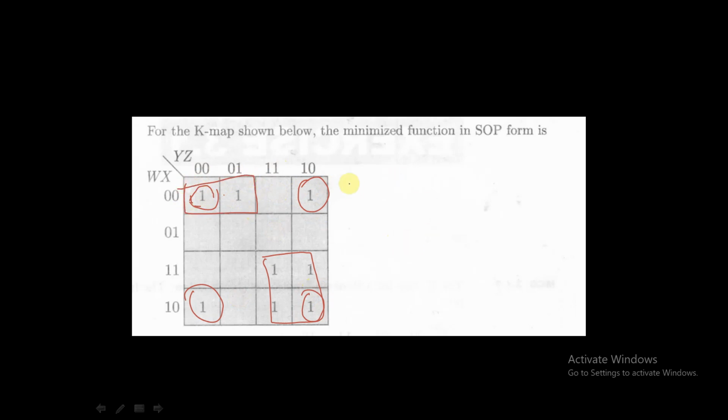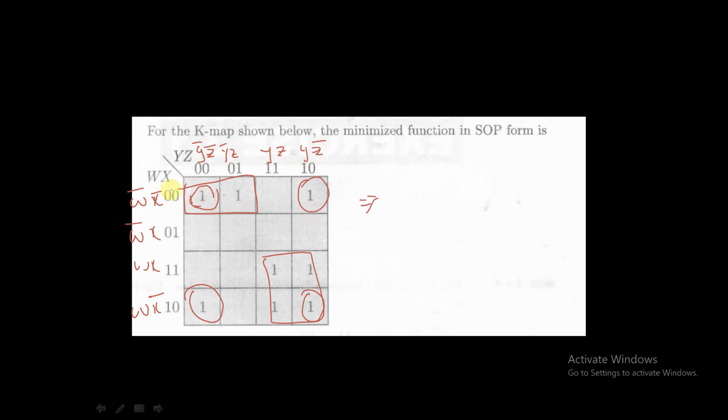Okay, now what is the expression we have? This is y bar z bar, y bar z, y z, y z bar, and this is w bar x bar, w bar x, w x, and w x bar.